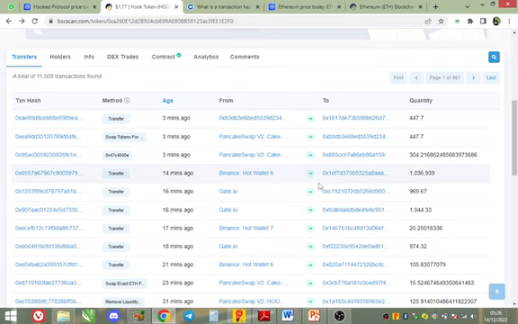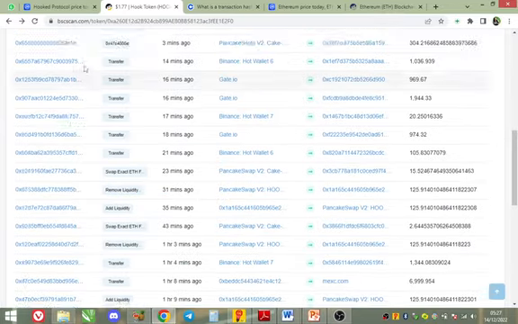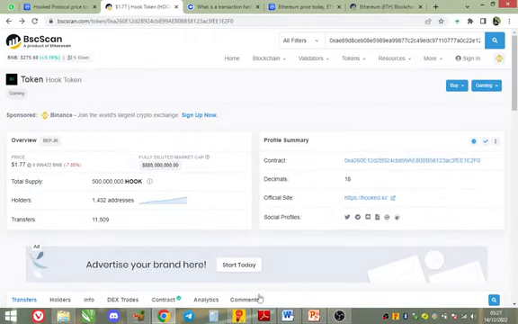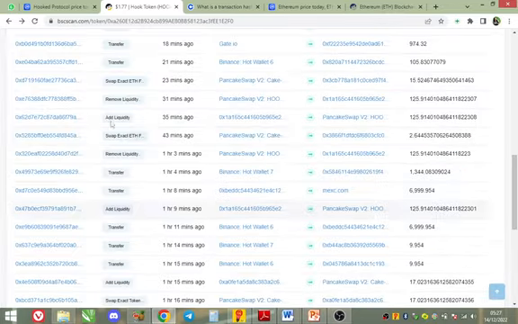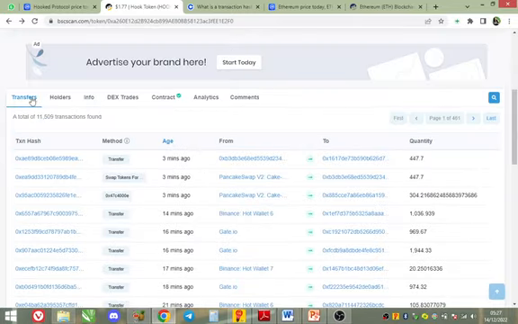So the higher the transaction fee, the fewer the activities that will go on in that particular token. I've explained all of this. Now we have only talked about transfers.